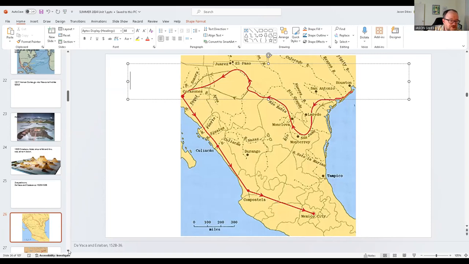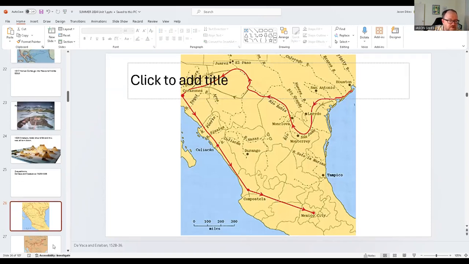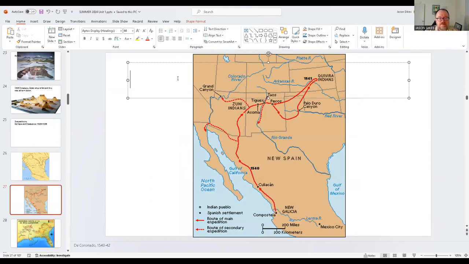The second expedition kind of built off of that one, and that is de Coronado, from about 1540 to 1542, coming here from Compostela and splitting up. Some of his men went off and found the Grand Canyon, the first Europeans that we're aware of.